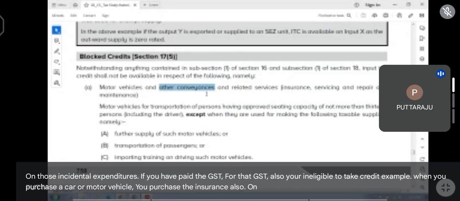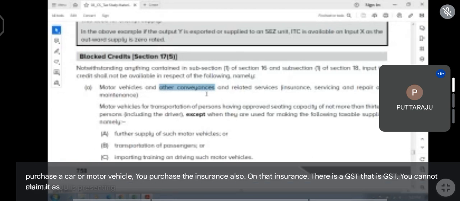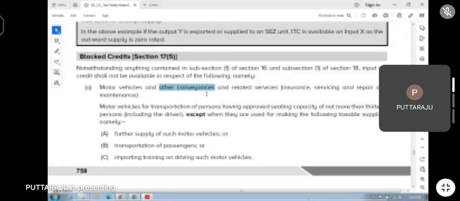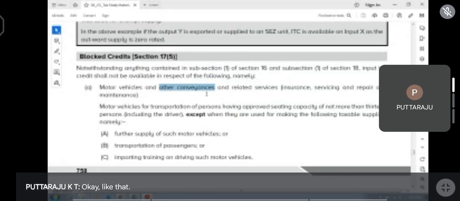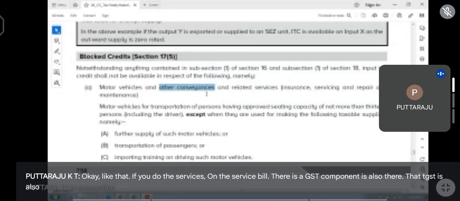On that insurance there is a GST. That GST you cannot claim it as ITC. Okay, like that, if you do the services, on the service bill there is a GST component is also there. That GST is also ineligible to be set off.